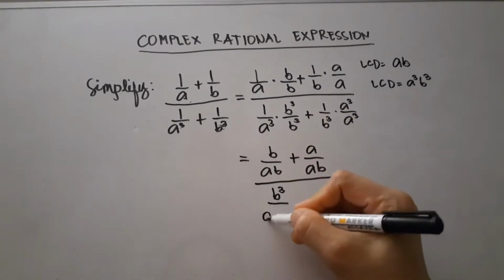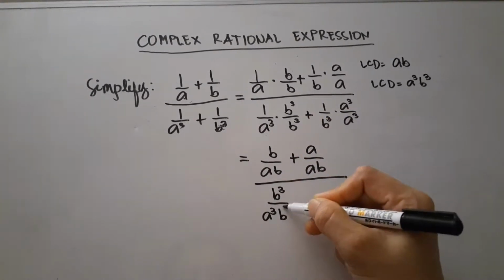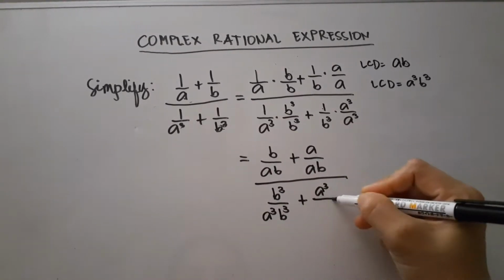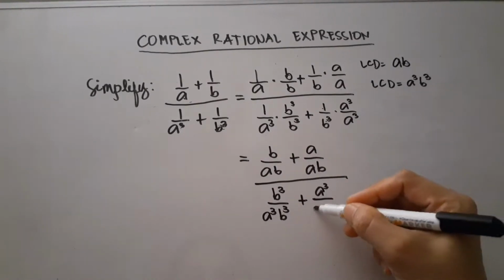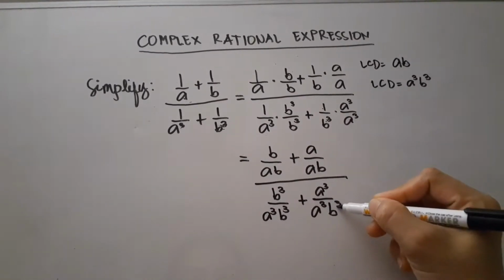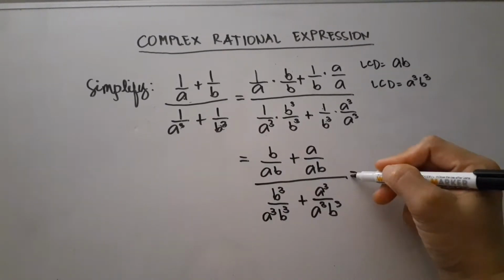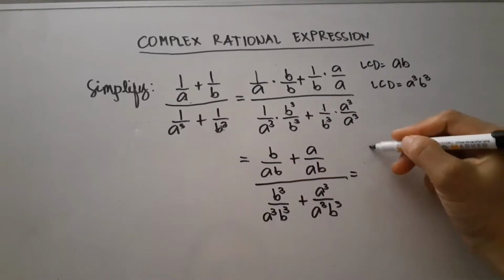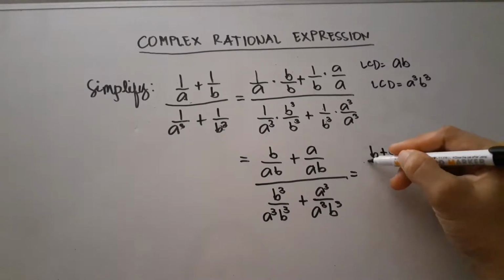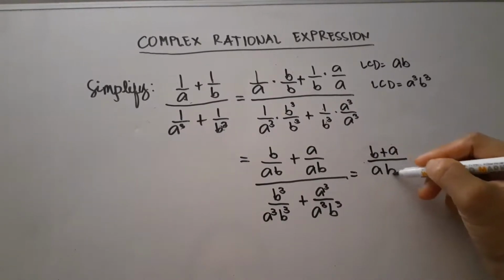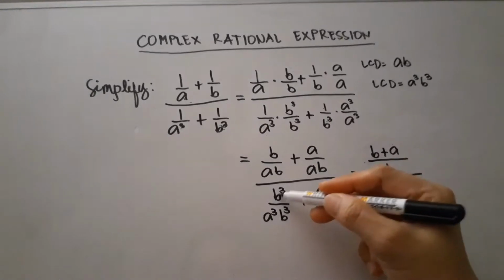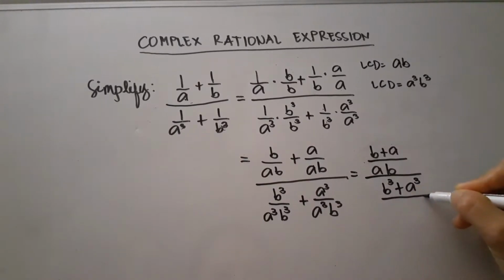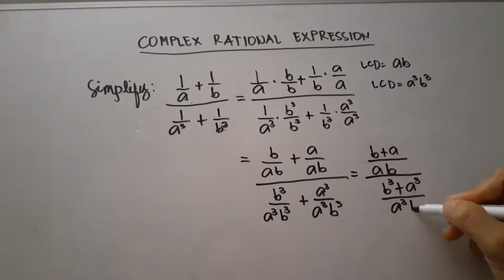We use the least common denominator a cube b cube, plus 1 times a cube becomes a cube, over a cube b cube, and then it is equal to b plus a over ab in the numerator, and since it is the same denominator, we have b cube plus a cube over a cube b cube.